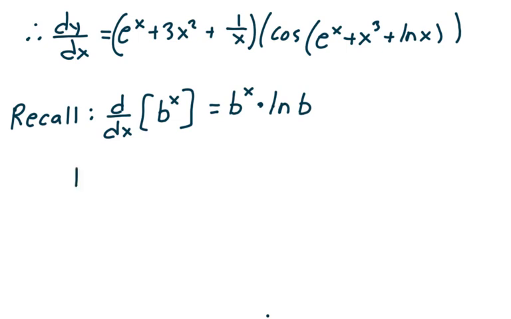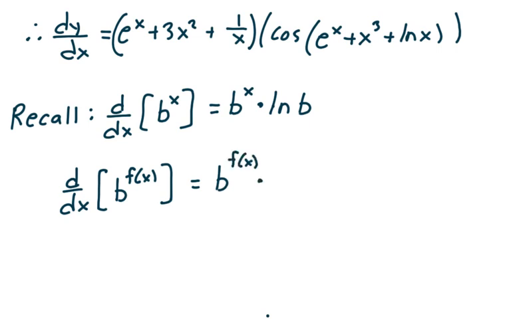Now, if I take the derivative of b to the f of x with respect to x, and we're assuming f is differentiable, so we're going to follow the same blueprint. In other words, we're going to write b to the f of x times natural log of b.